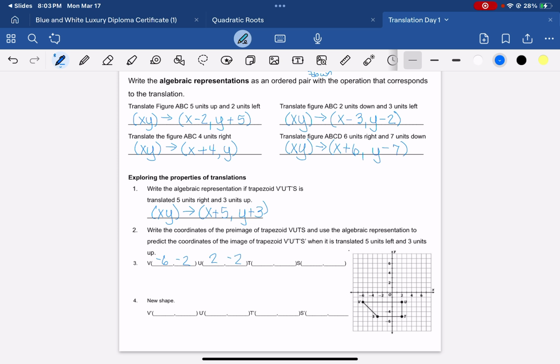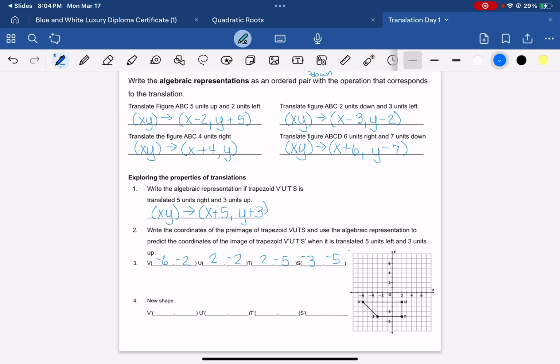My T, again, it's over here, okay? My T, again, 2, -5. And my S is 3, and it's -3, -5. All I did was go get my ordered points from here, here, here, and here.